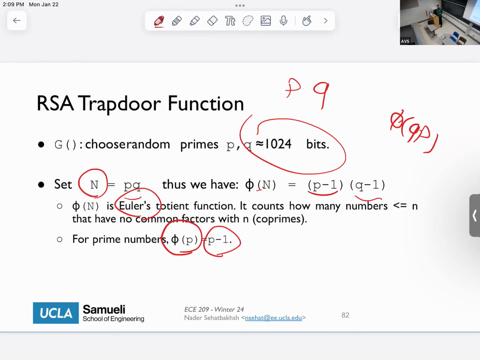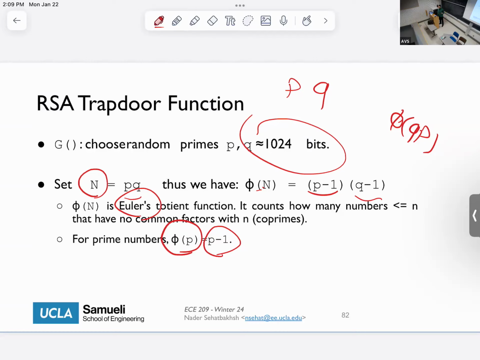Then we define phi of n as the count of co-prime numbers relative to n. This is just basic mathematics: if the number is a product of prime numbers, this is just the product of the primes each minus one, so p minus one times q minus one.